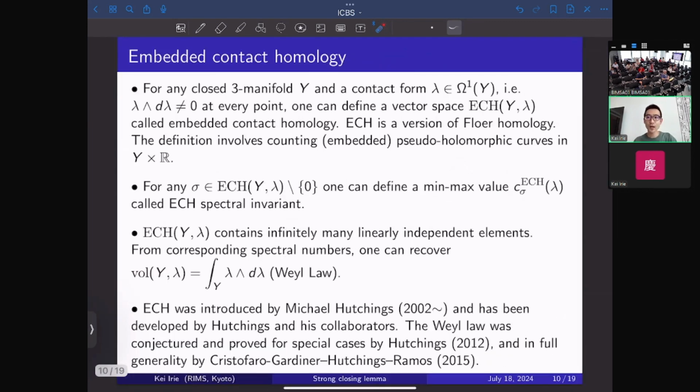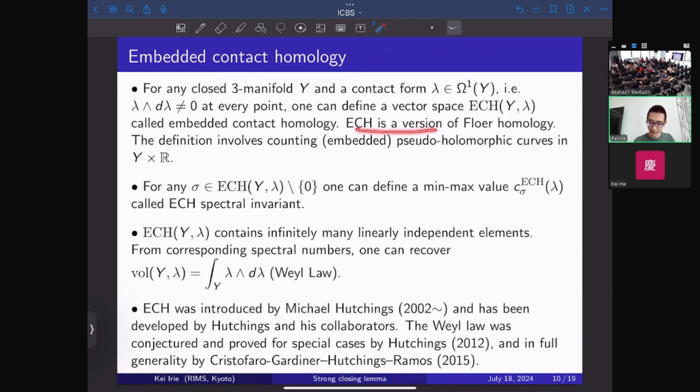And there are two constructions of spectral invariants. The first construction involves machinery from symplectic geometry called embedded contact homology. Let me explain that theory very briefly. For any closed three-manifold Y and a contact form lambda, that means lambda is non-zero at every point, one can define a vector space ECH(Y, lambda) called embedded contact homology.